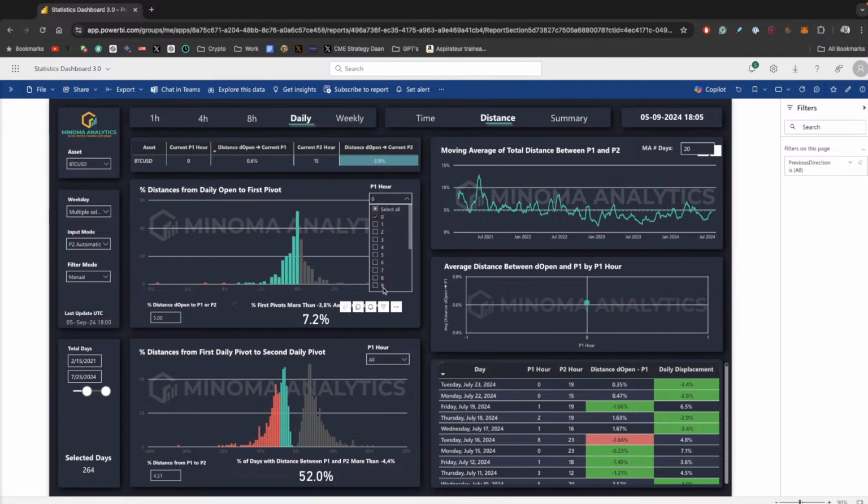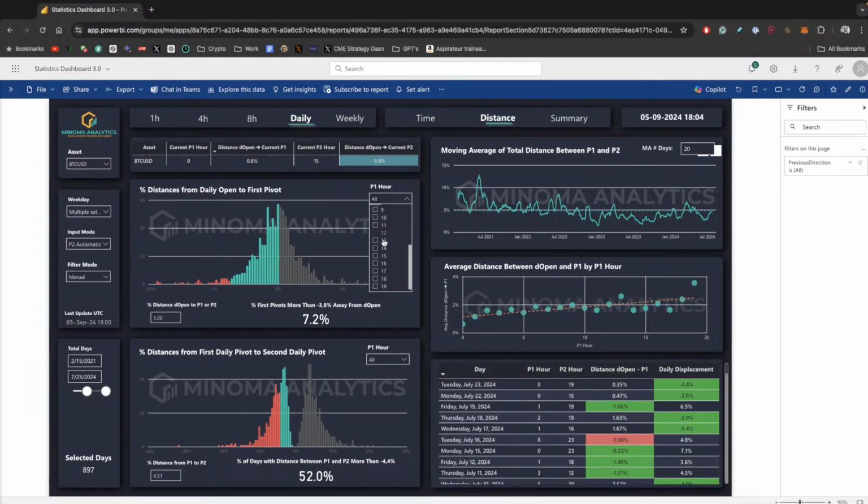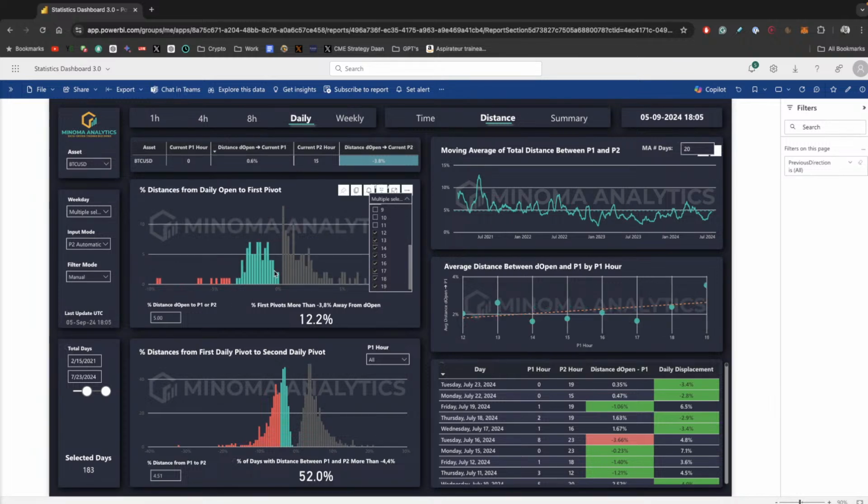Then you will see this data gets filtered, and we will only have the data points for the days that put in a P1 during hour 0. That is simply what we can look for. For example, I'm only interested to see the days when a P1 was put in during the afternoon, right?